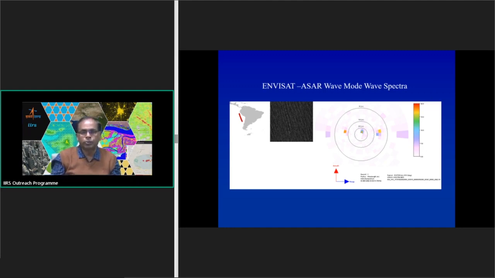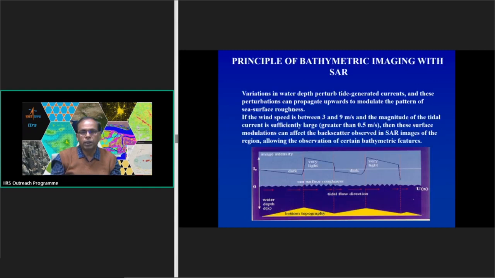numerical models. And apart from that, the SAR image can be used for bathymetric study. If you have a two-dimensional hydrodynamic model, which can take information about the wind speed, etc., and the bathymetry to generate the sea surface roughness, you can simulate the sea surface roughness.